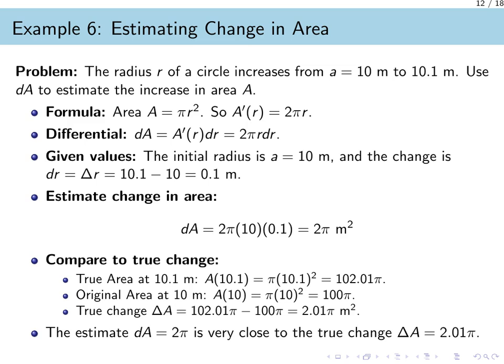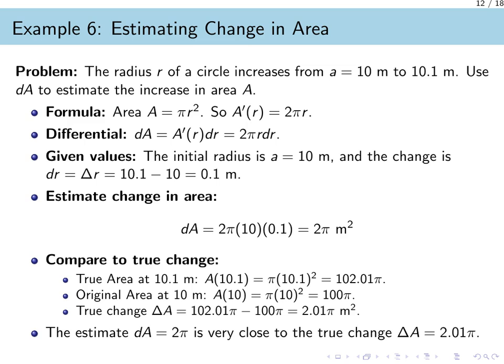Let us use a differential to estimate the change in a circle's area when its radius grows, which is a very practical application of this tool. First, we need the differential of the area formula, A equals pi times r squared. The derivative, A prime of r, is 2 pi r, so the differential dA is equal to 2 pi r times dr. Now I will substitute the given values.